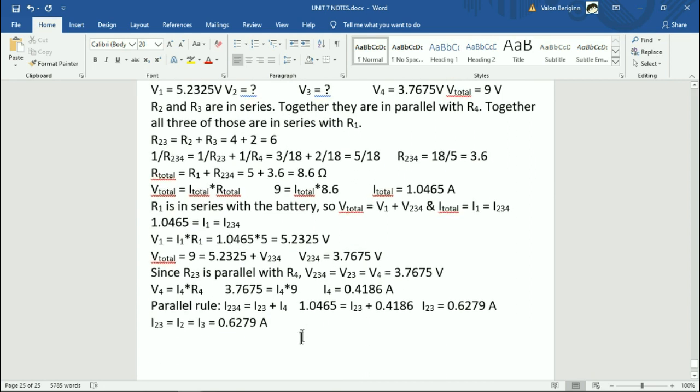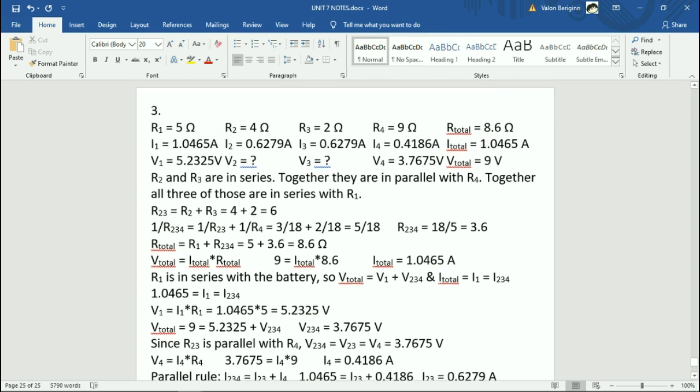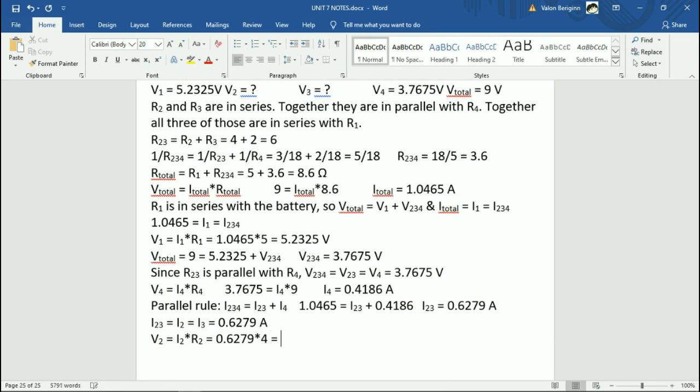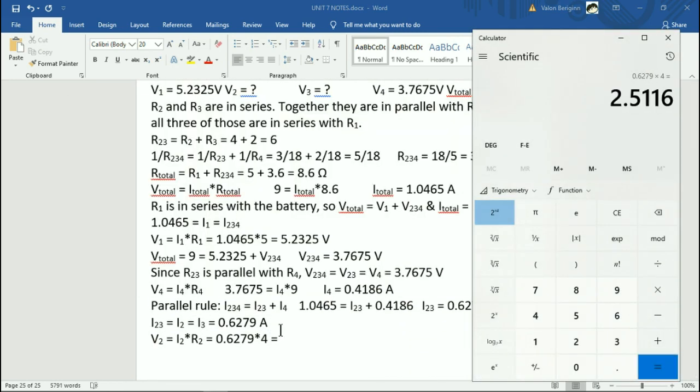And we can then solve for V2 and V3. 0.6279 times 4 is 2.51.